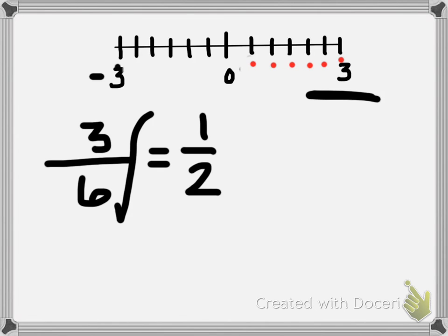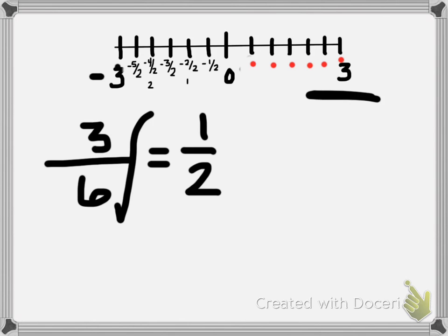And I'm going to go in and fill in my number line now, on the negative side. So I know that's going to be -1/2, -2/2 or 1, -3/2, -4/2 or 2, and -5/2.